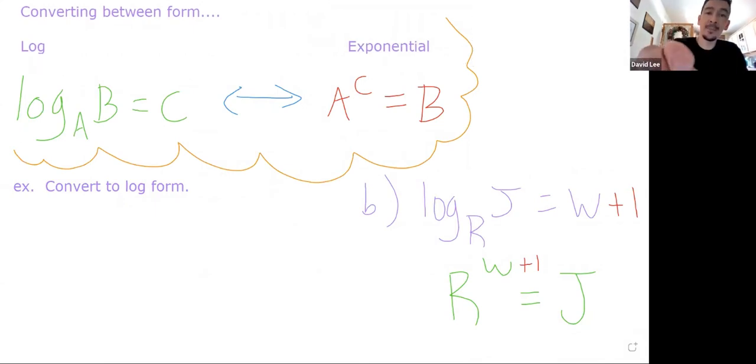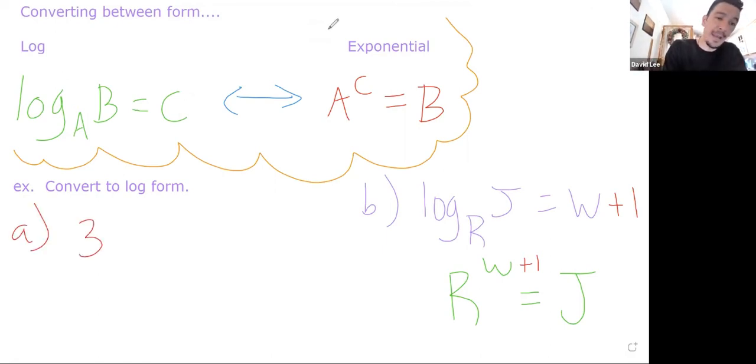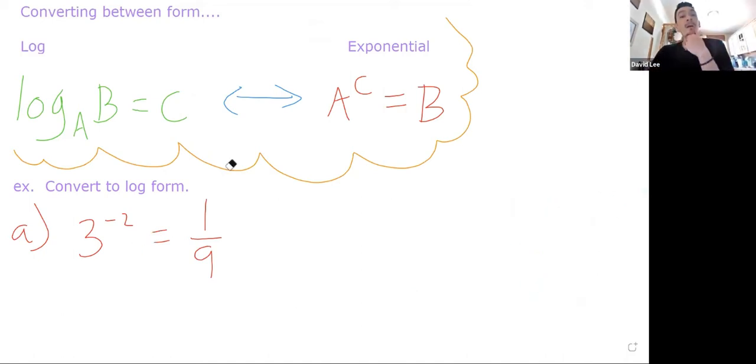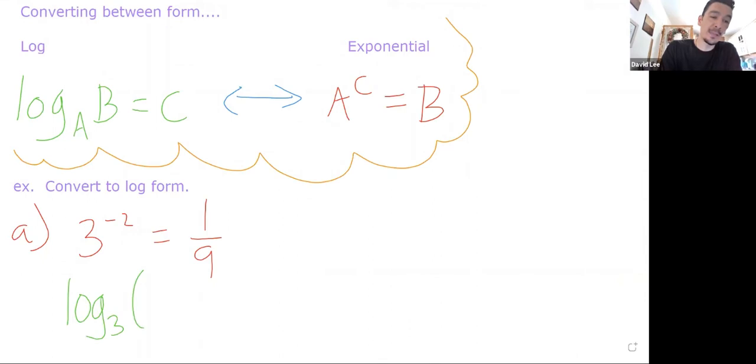So for example, in part A, here's the fact: 3 to the power of -2 equals 1/9. This statement is currently in exponential form, but you want to write it in log form. If you follow this procedure, it would go log base 3 of 1/9 equals -2.